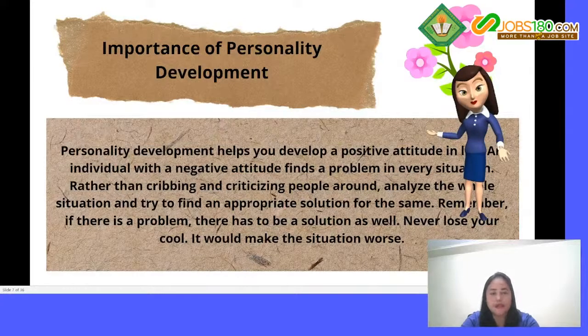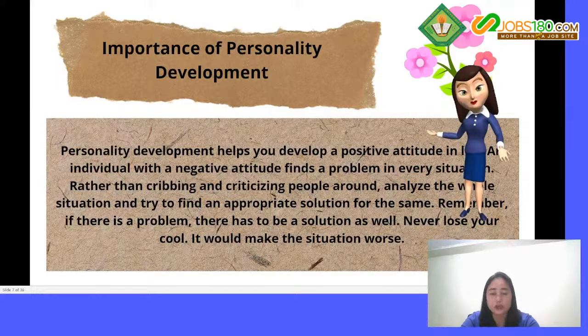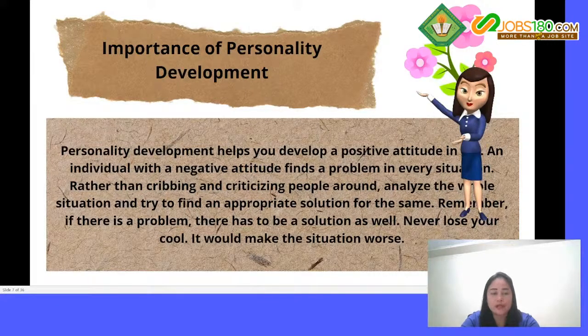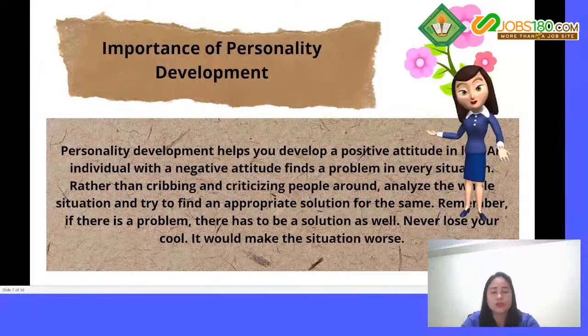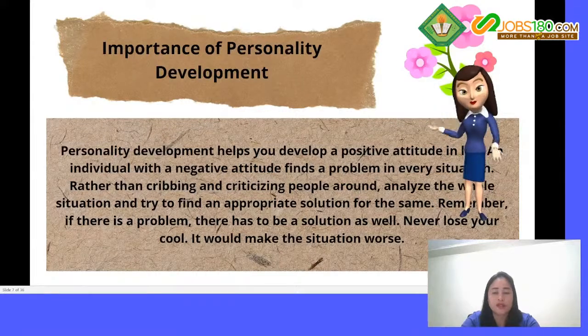Rather than cribbing and criticizing people around, analyze the whole situation and try to find an appropriate solution for the same. Remember, if there is a problem, there has to be a solution as well. Never lose your cool. It would make the situation worse.